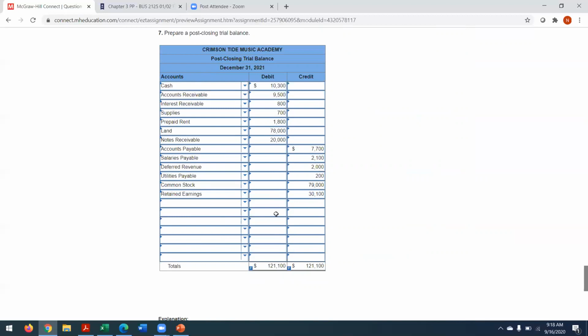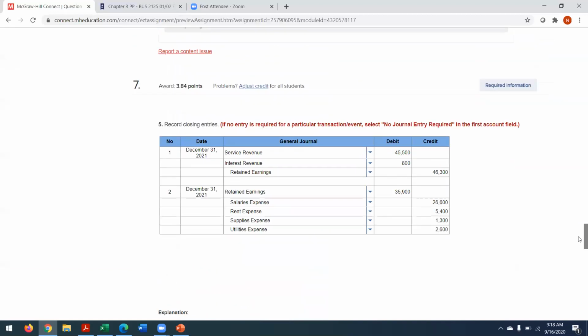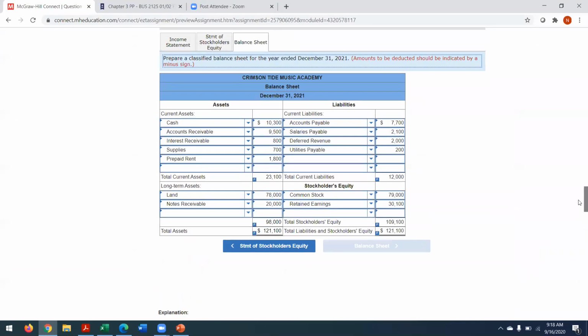They're zeroed. So we have our balance sheet accounts, and all the revenues and expenses were flowed into our retained earnings, which is 30,100, which is what it showed on our balance sheet.